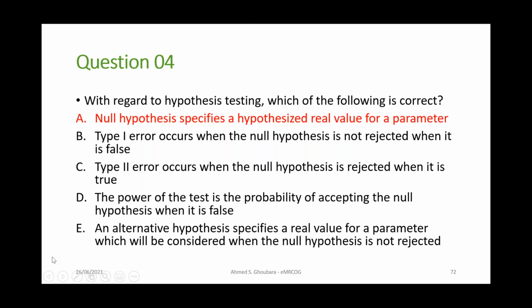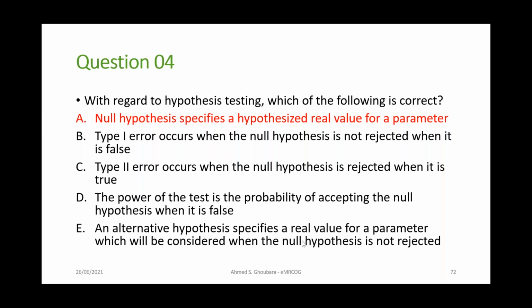But if you look at me, forget about A. Let's take it from the bottom to the top. An alternative hypothesis. Remember, we're looking for the correct answer, not the accepted one. An alternative hypothesis specifies a real value for a parameter which will be considered when the null hypothesis is not rejected.